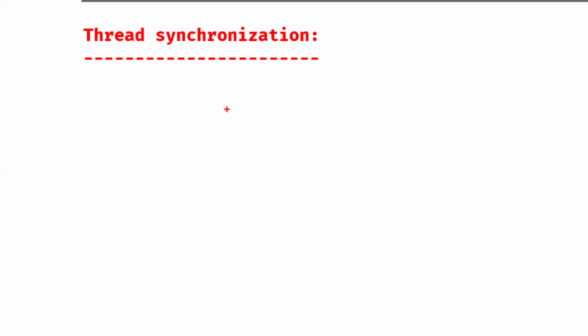So in order to avoid inconsistency, when multiple threads are sharing the same resource, we apply a concept called thread synchronization. Let's see with an example.